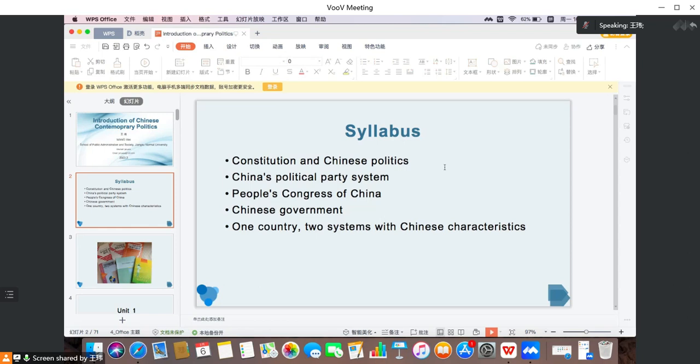You get that? So the other 8 parties, not the ruling party, but they have very vital positions in Chinese politics. You understand that?